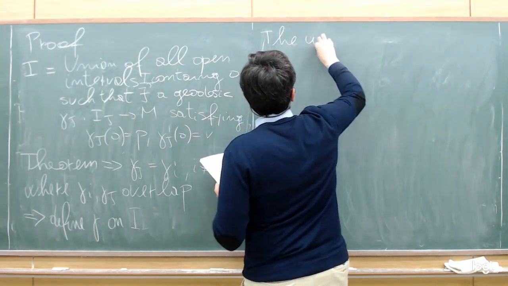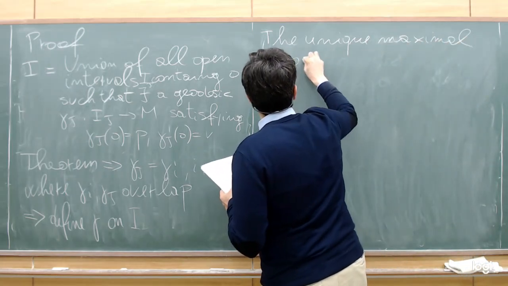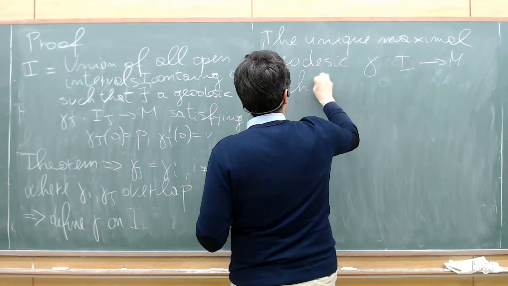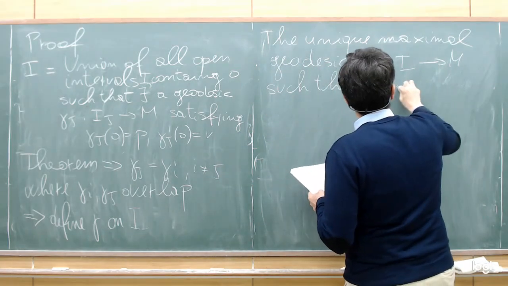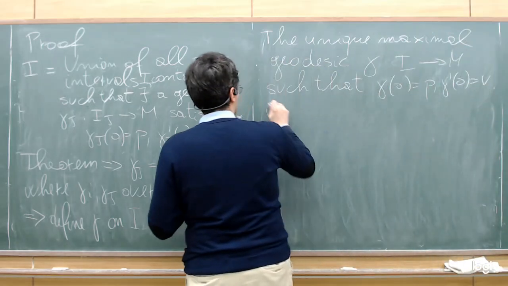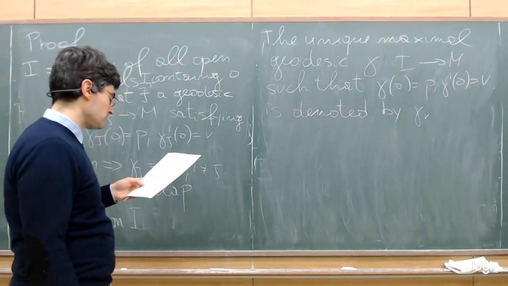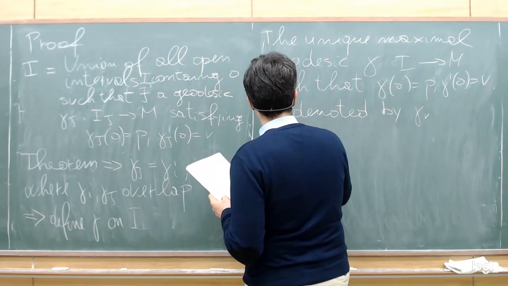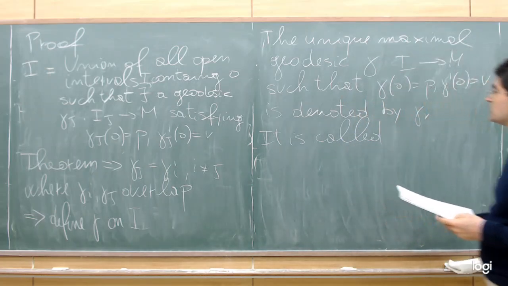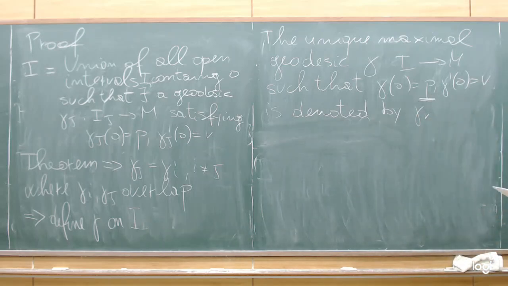The unique maximal geodesic gamma such that gamma(0) equal p, gamma'(0) equal v is denoted by gamma_v, and is called the geodesic with initial point p and initial velocity vector v.